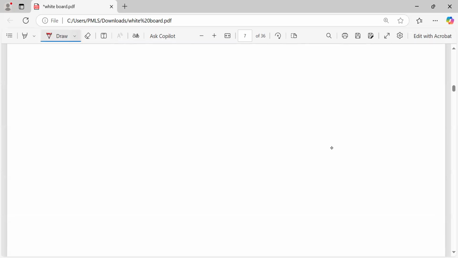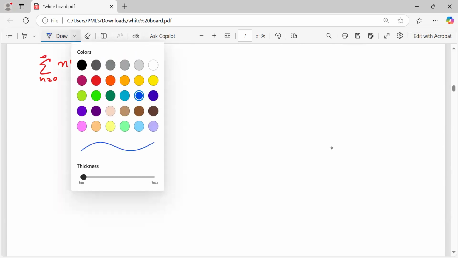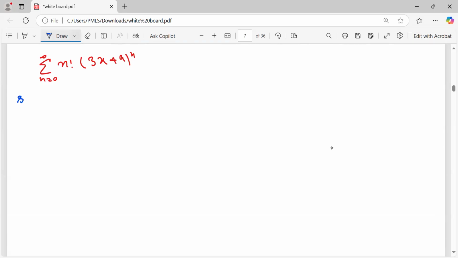Let's say we have n factorial and we have (3x plus 9) raised to the power n, and summation n starts from 0 to infinity. How will we find the interval of convergence and divergence, and what will be the center of this one?